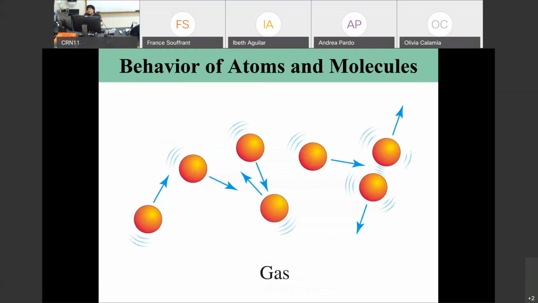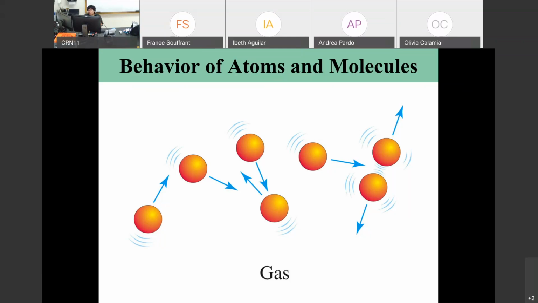Okay. And that's a gas. In a gas, the atoms and molecules are more separated, and they can travel at very high speeds, as I mentioned. In the case of the oxygen molecules, they can travel at speeds of approximately 1,000 miles per hour. And they collide.